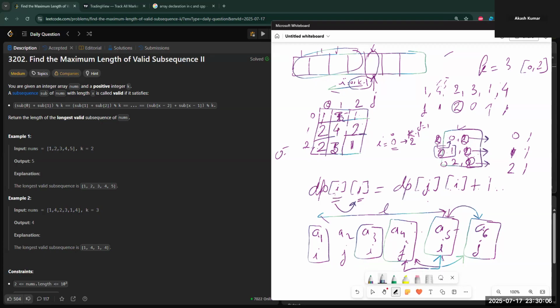Two, what, one two is two, so it's still four. So the maximum length of any subsequence is four. That will be your answer here.